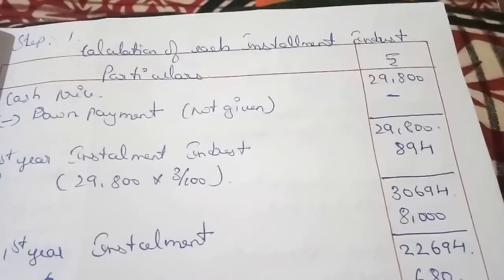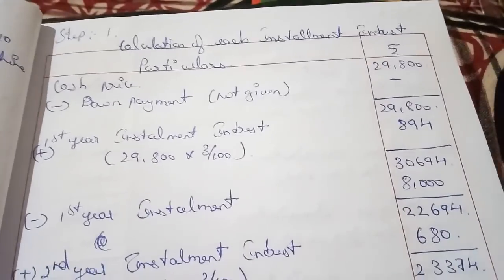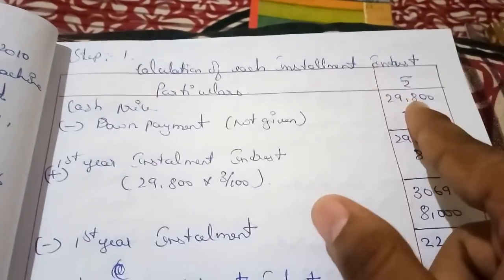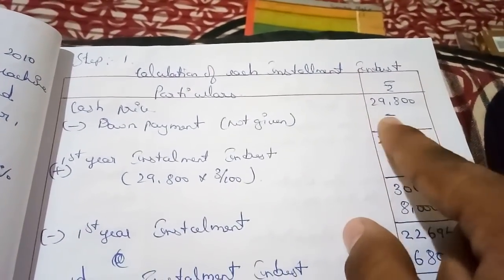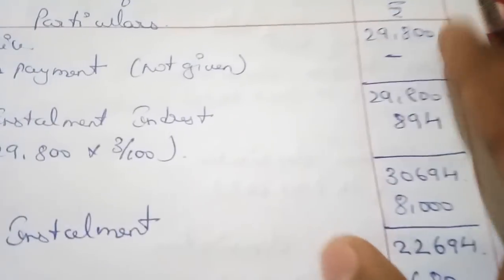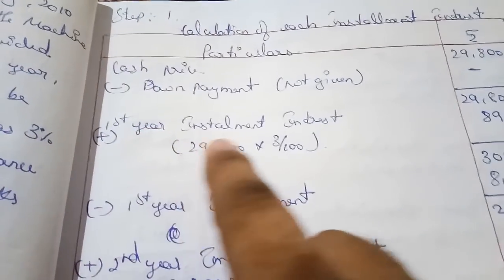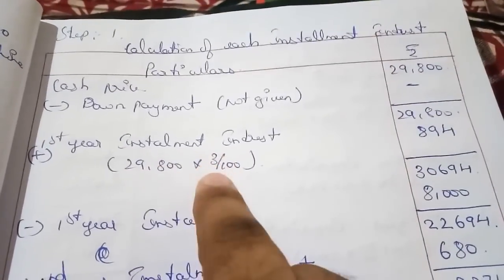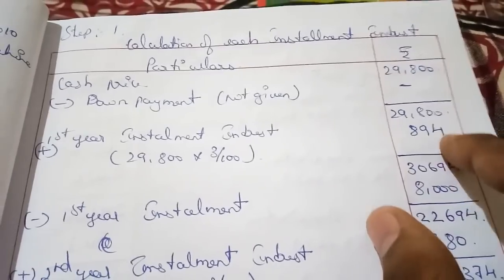Next we'll go to the calculation of interest and each installment. Cash price is 29,800 direct, as down payment is not given, so dash or 0. Then we have first year installment interest, which we will calculate by 3 divided by 100, and the answer is this.